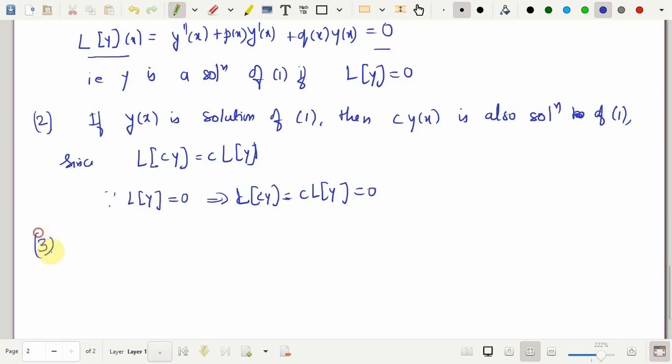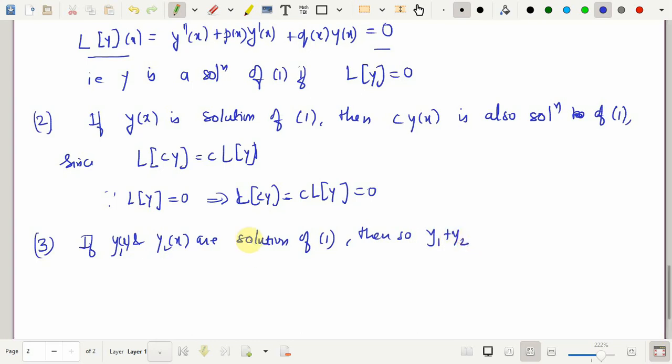Not only that, if you have two solutions, say y1 of x and y2 of x, which are solutions of 1, then again you can show y1 plus y2 is also a solution of 1. Since y1 and y2 are solutions, L of y1 will be equal to 0 and L of y2 will be equal to 0.